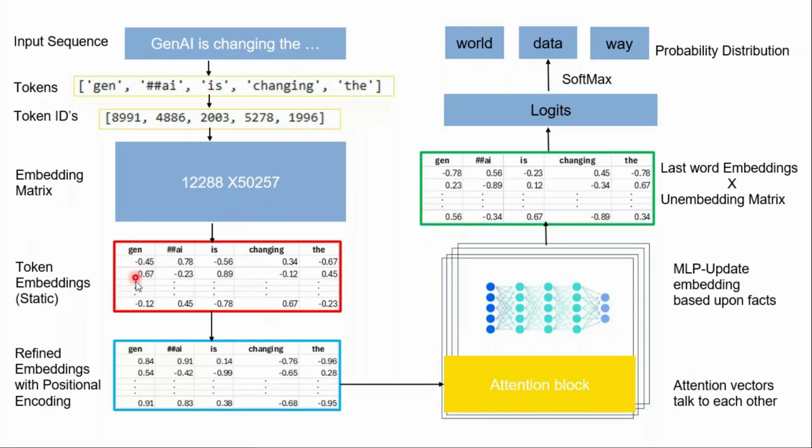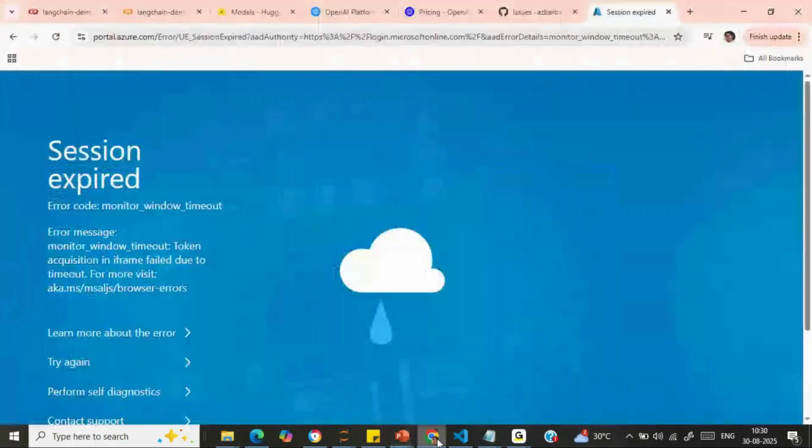We will move with, say, two or three embedding size, and we will see it in practical, what the impact on the outcome will be. But over here we can see that 12288 is the embedding size for GPT-3, and 50,257 is the total number of tokens. You can check it over here.